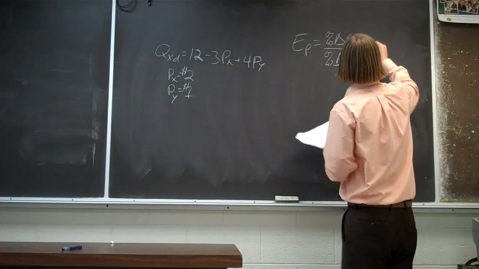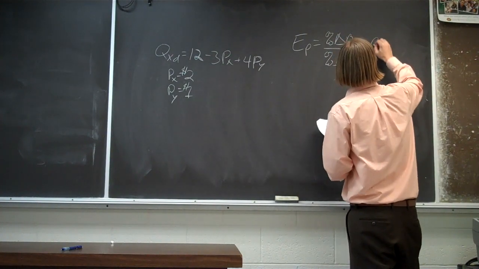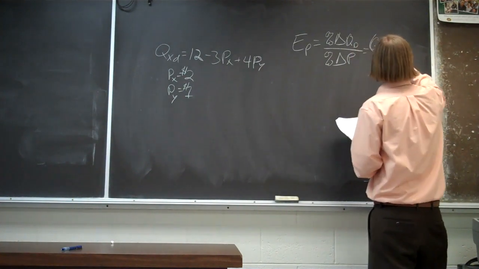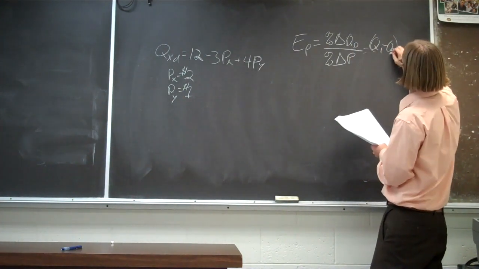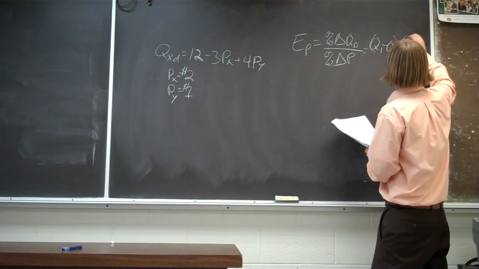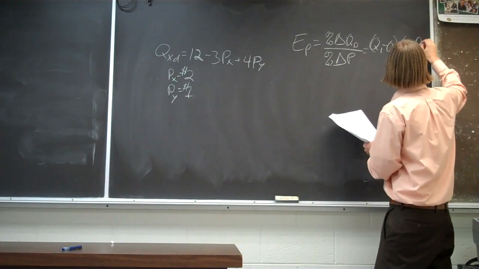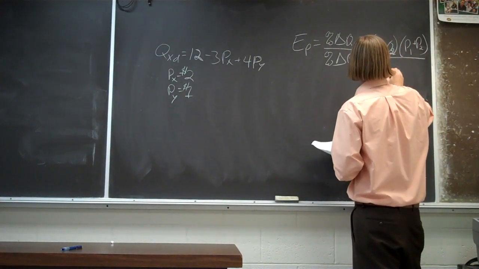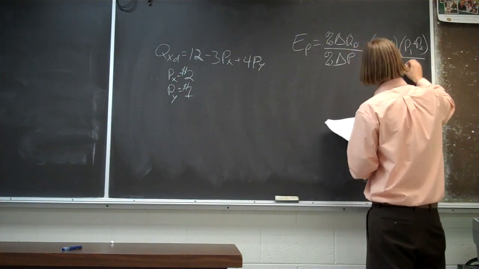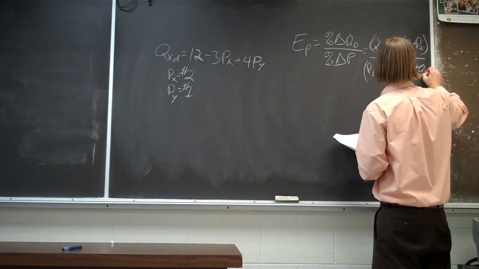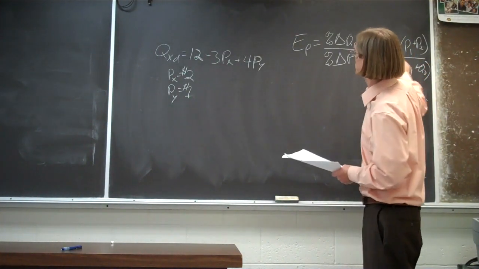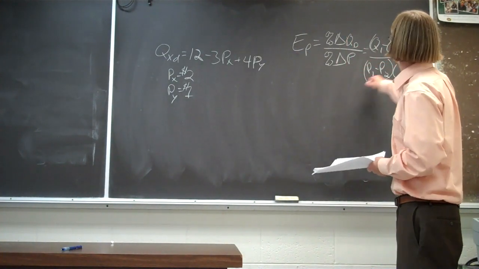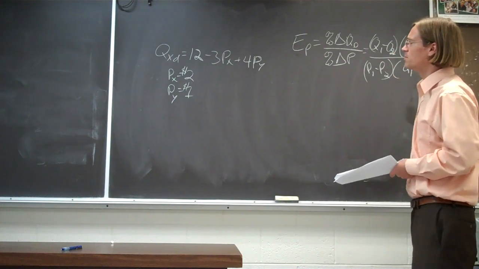We can also calculate that as the quantity we're starting at minus the quantity we end up at, Q1 minus Q2, times P1 plus P2 over P1 minus P2 times Q1 plus Q2. So that's another way to solve for this coefficient of elasticity. But how do we get Q1, Q2, P1, and P2?